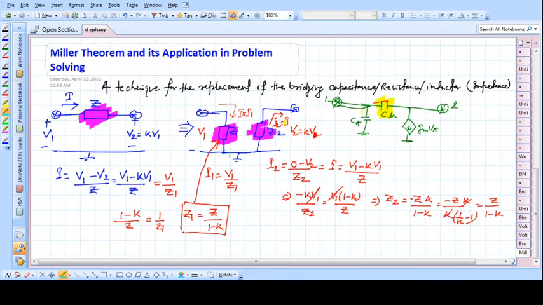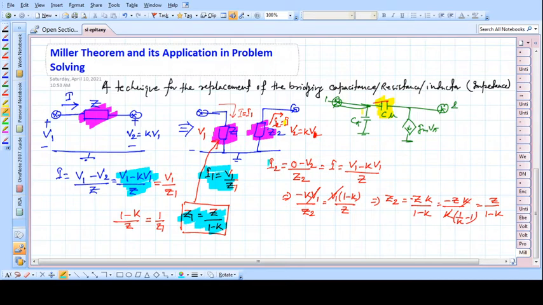After that we have to find the value of Z1 as a function of Z. This current is I, so we first find the value of I. Now this I equals I1, so after equating we can easily find the value of Z1.